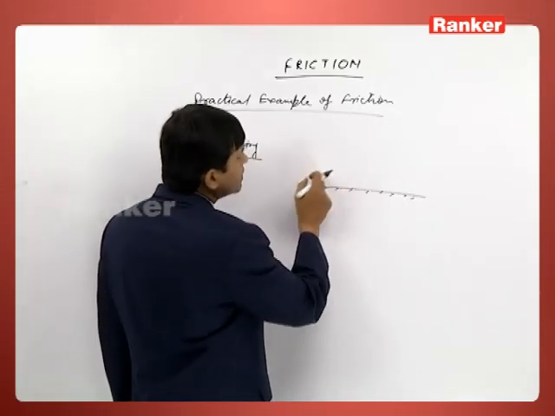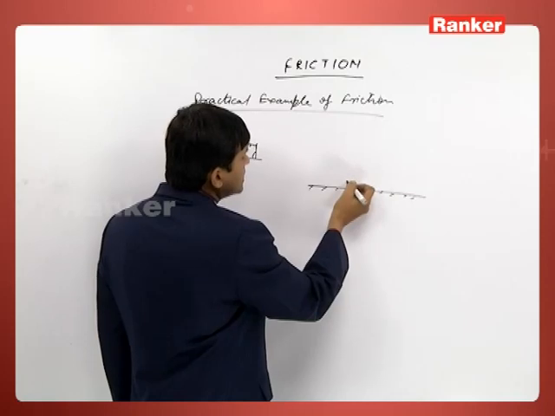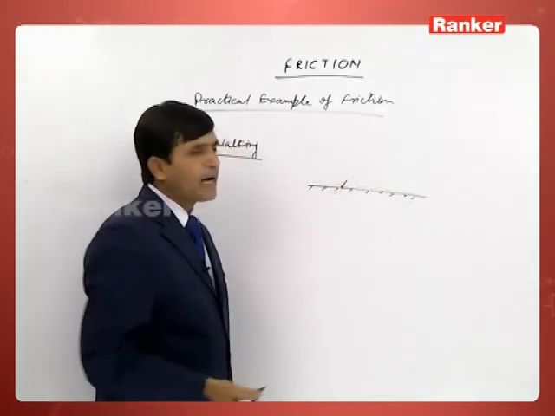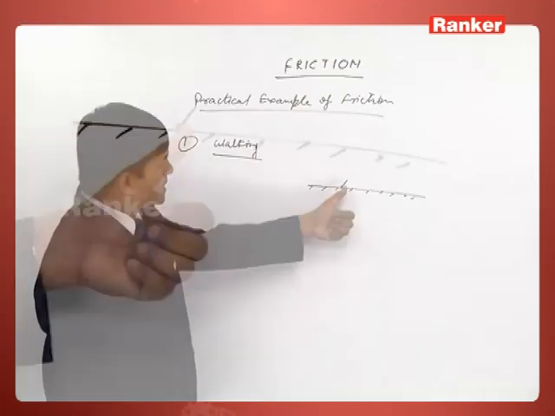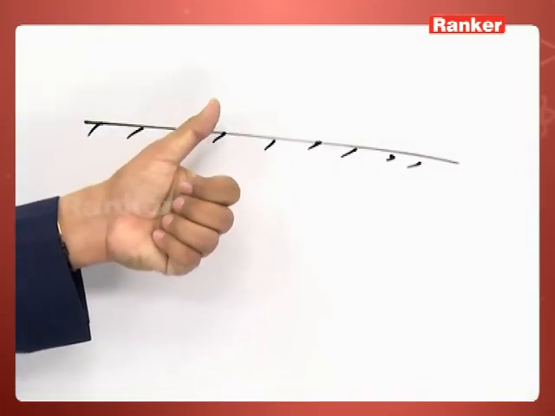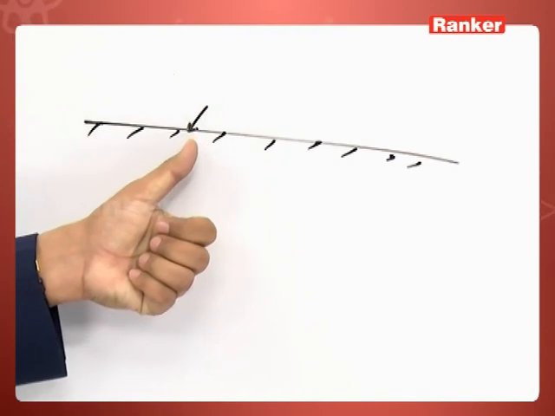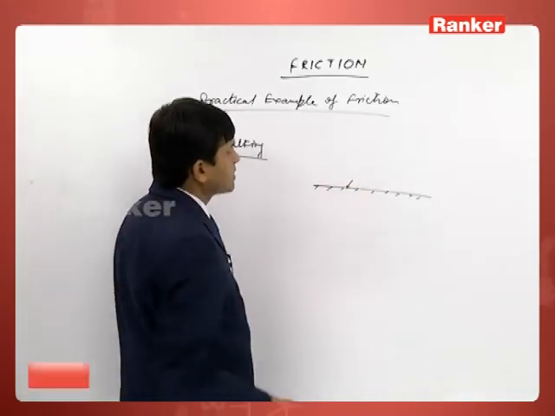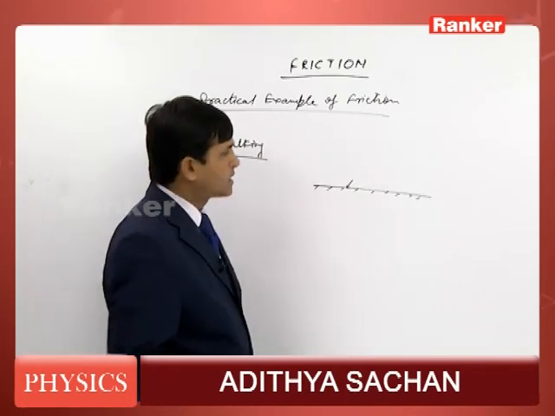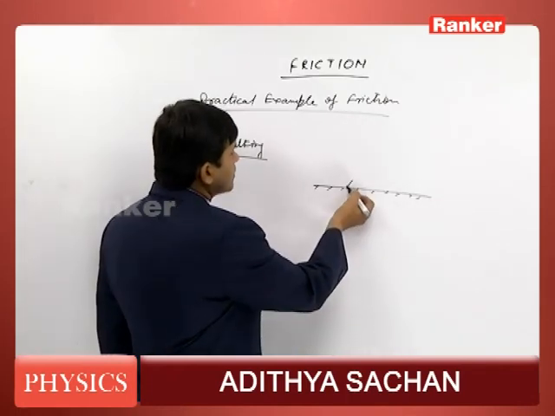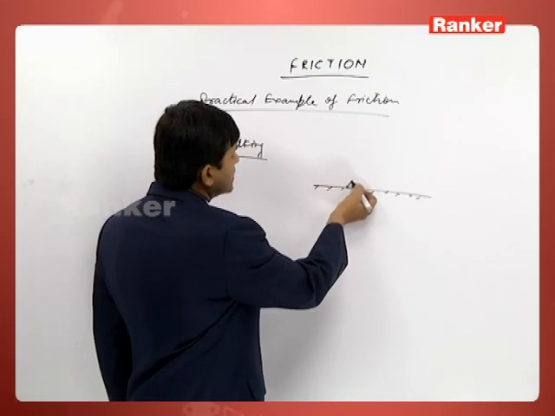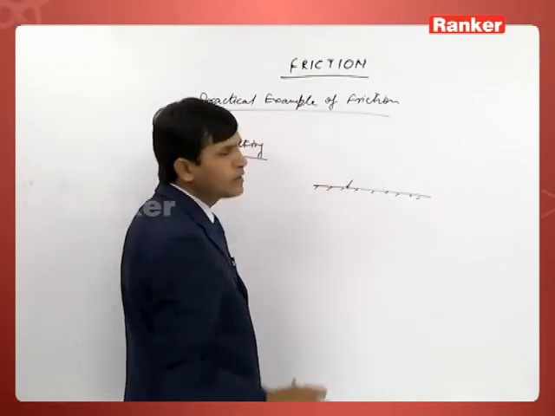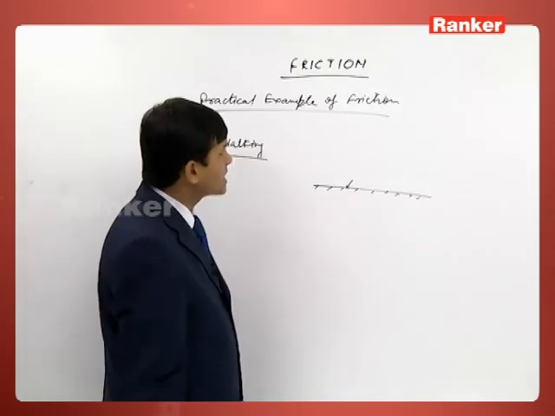Whenever a person walks, he presses the ground in the backward direction. When he puts his foot on the ground, he presses the ground backward, so his foot has a tendency to go in the backward direction.